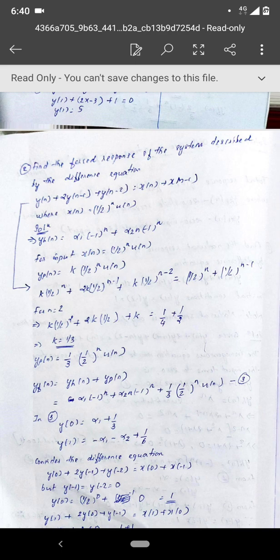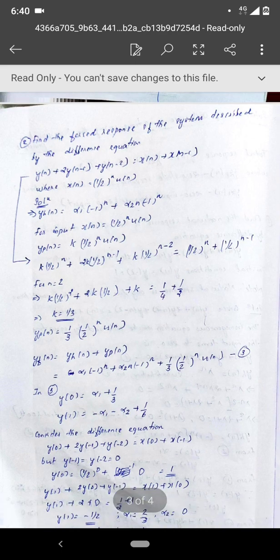We'll take from the previous question, that is alpha 1 into minus 1 the whole raised to n plus alpha 2 into n minus 1 raised to n. So that remains the same. Even for the complementary function, that was the same, because the differential equation was taken and the right hand side was equated to 0. Then we tried a solution lambda raised to n, and we got the characteristic equation.